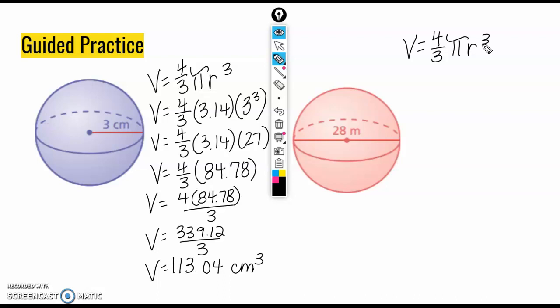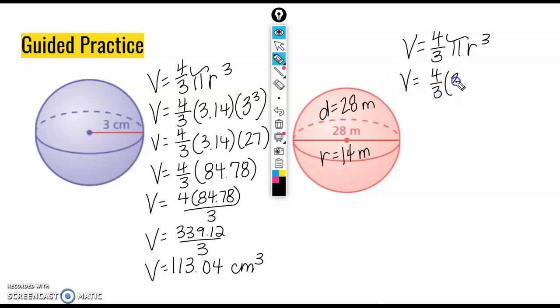Alright, if we look at the difference with the red sphere versus the purple sphere, we can see that we have a diameter of 28 for our red sphere. So remember, radius is half of the diameter. If we divide 28 by 2, that gives us a radius of 14. So we're going to plug 14 into our formula.